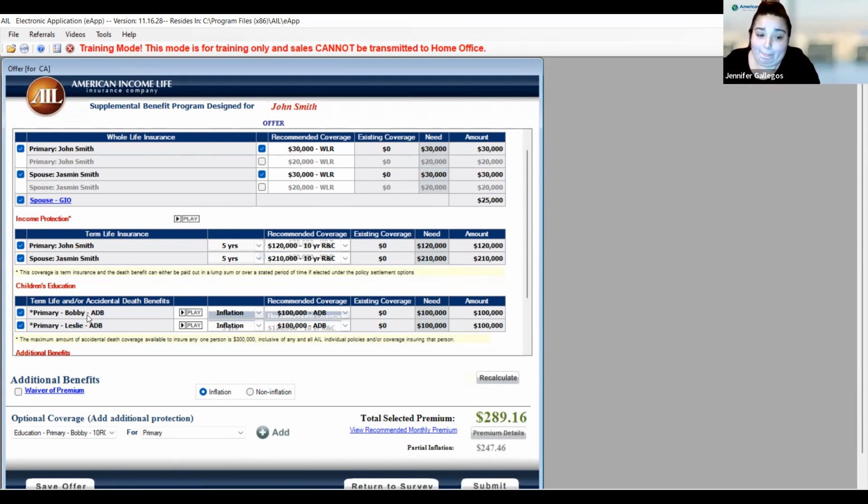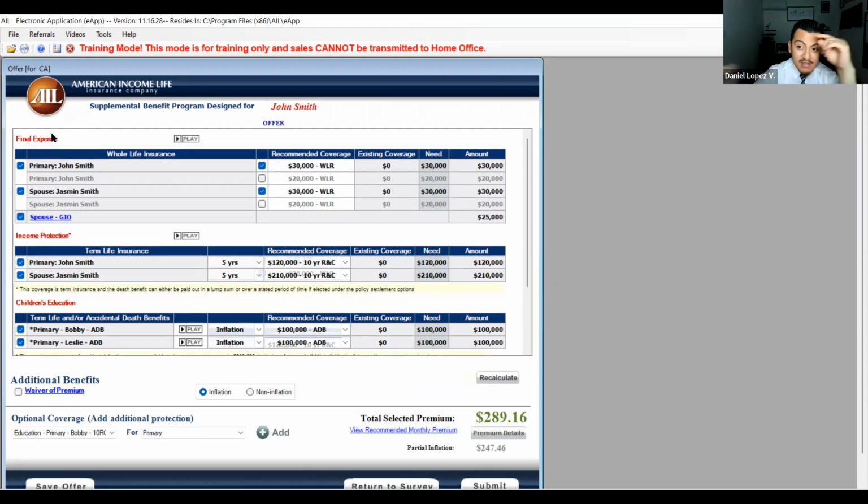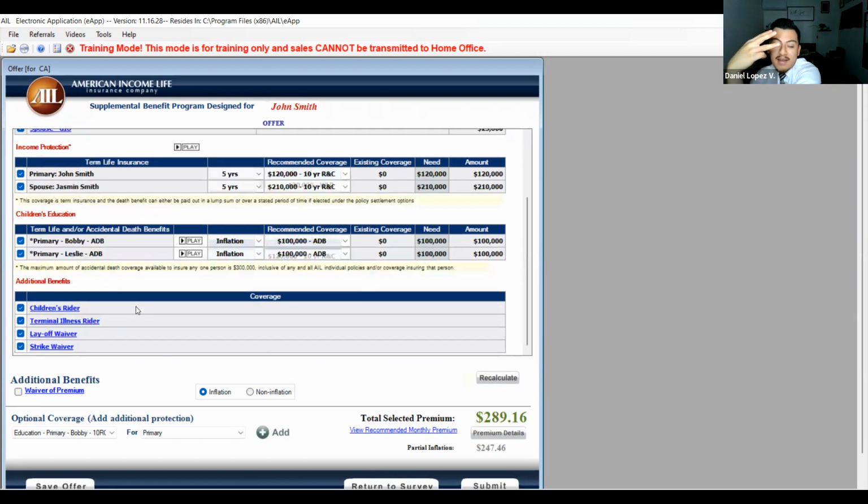So if we can put a parent at ease, like, hey, we're going to help with college education up to $200,000 for all of the children, in their head they're already looking at this like, okay, so you're telling me that your company is going to pay my funeral, my final expenses. They're going to protect my income, and they're going to pay for the education of my child if I were to pass away.